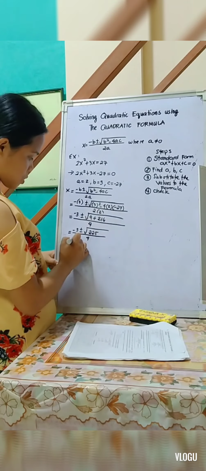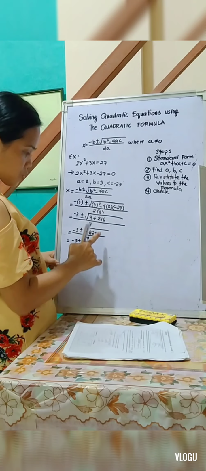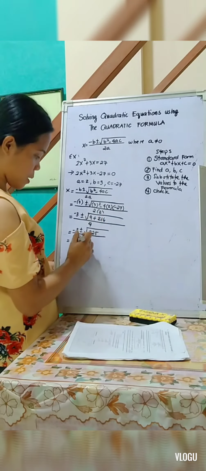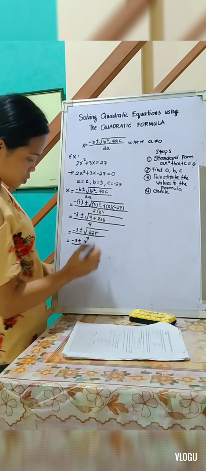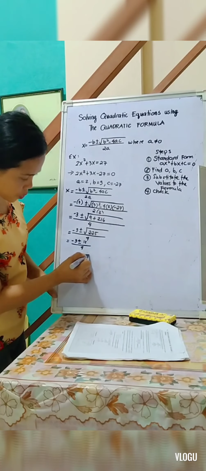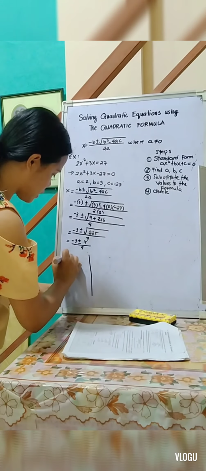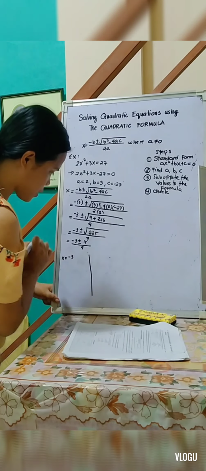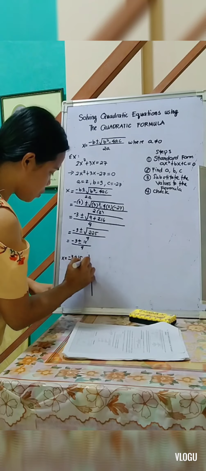Okay, so let's try to extract the square root. Negative 3 plus minus the square root of our 225 is 15 all over 4. So this time, we split our equation. So we will now have x equals negative 3, we take the positive 15 all over 4.